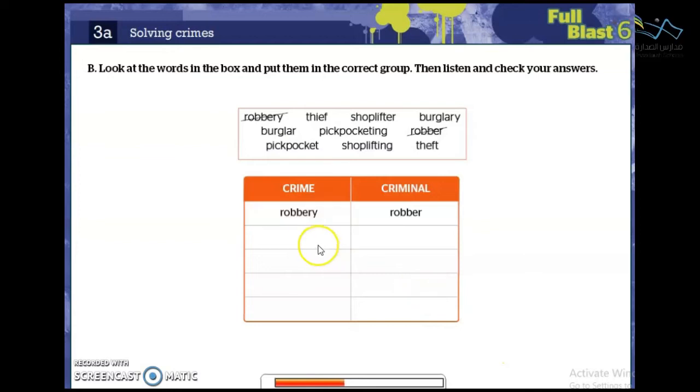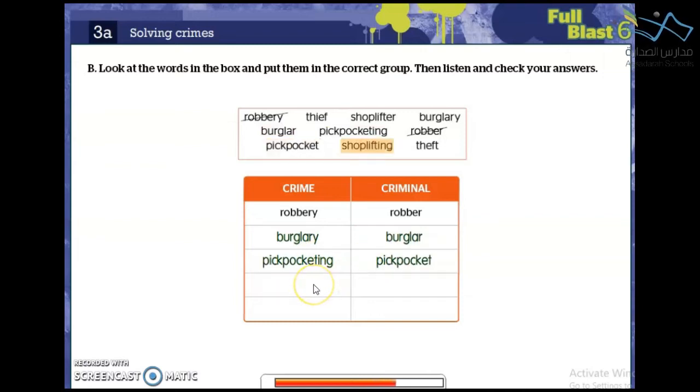Robbery. Robber. Burglary. Burglar. Pickpocketing. Pickpocket. Shoplifting. Shoplifter. Theft. Thief.